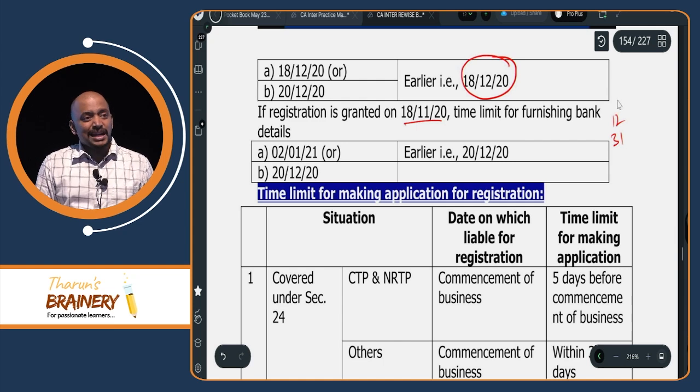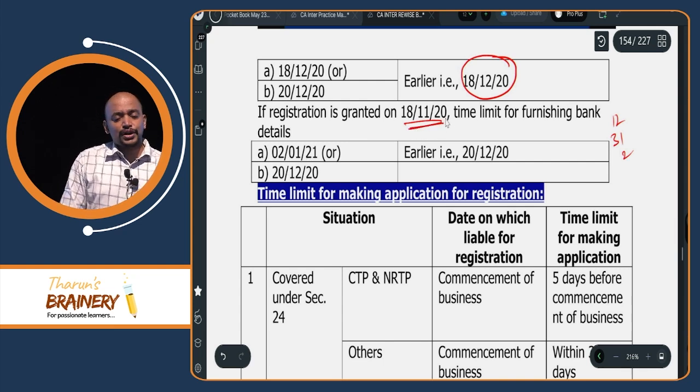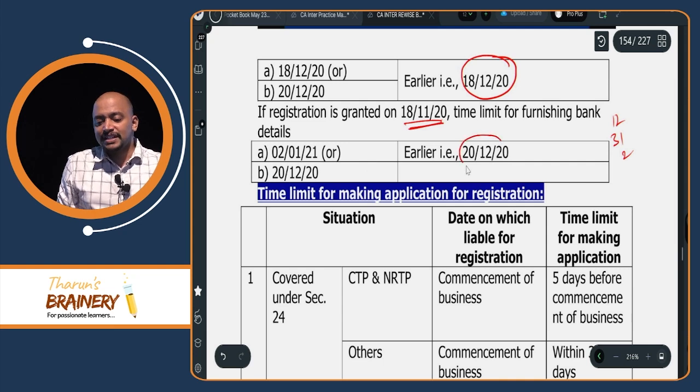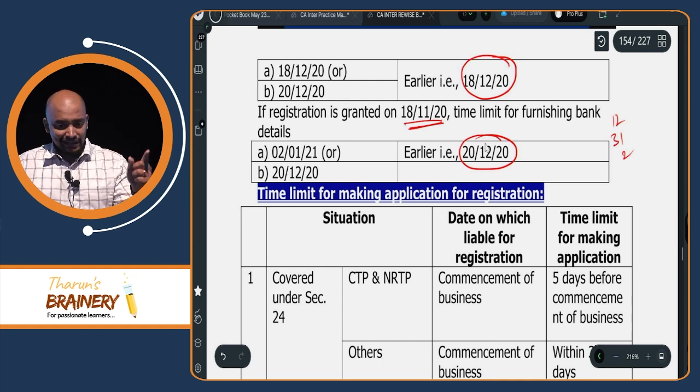So therefore 43 days. So in January 2 days. Therefore 2nd January 2021 is 45 days. Or for November month, what is the due date of filing 3B? 20th of December, whichever is earlier. So 20th of December will be taken as the earlier date. By that time we need to furnish bank details.